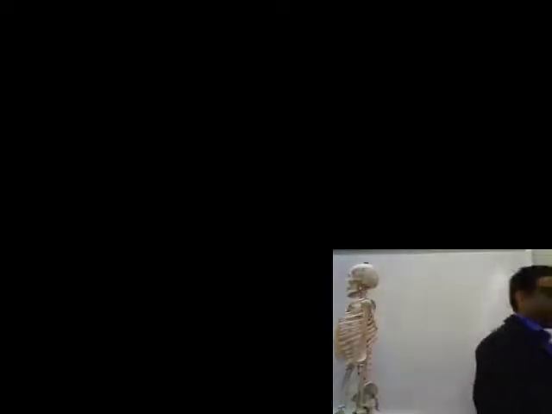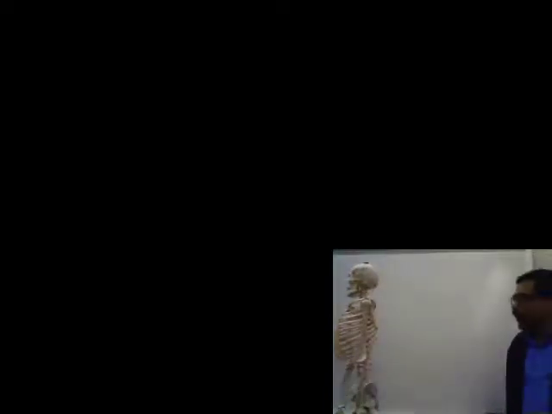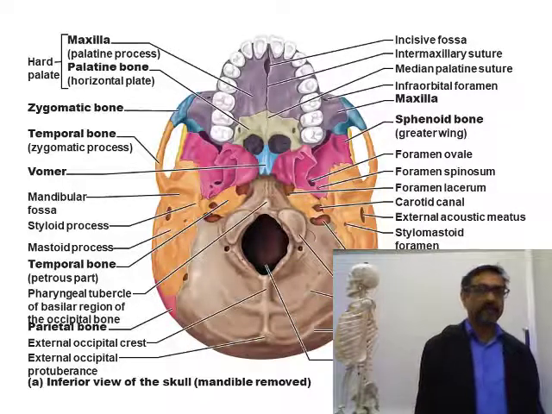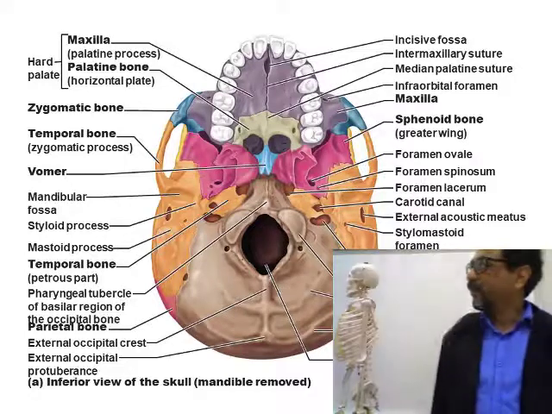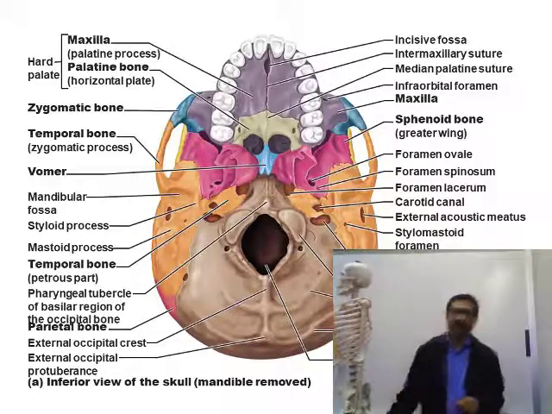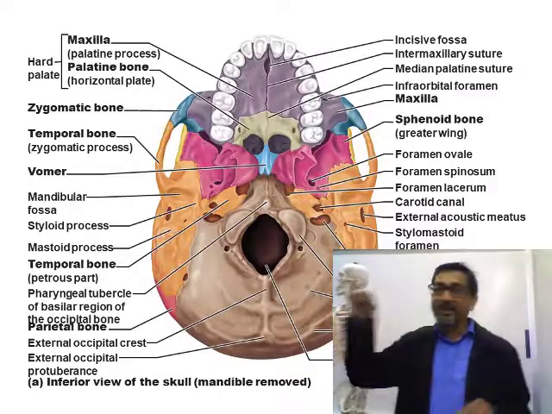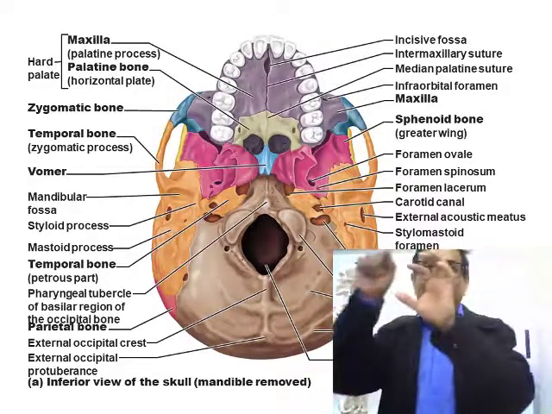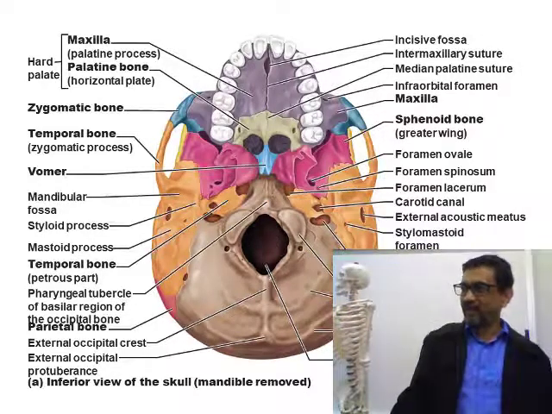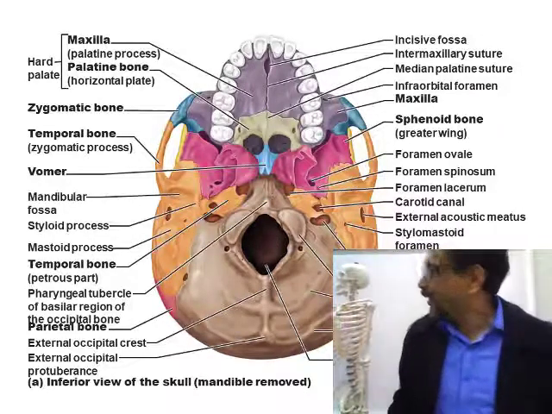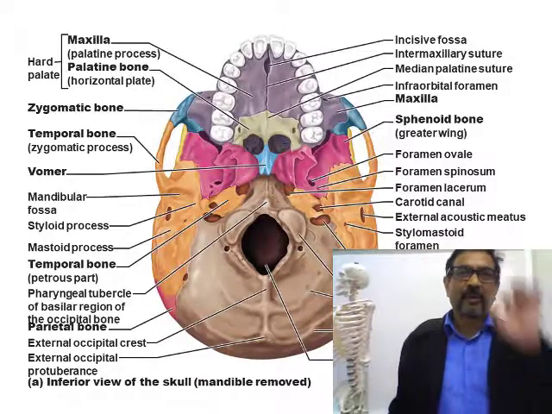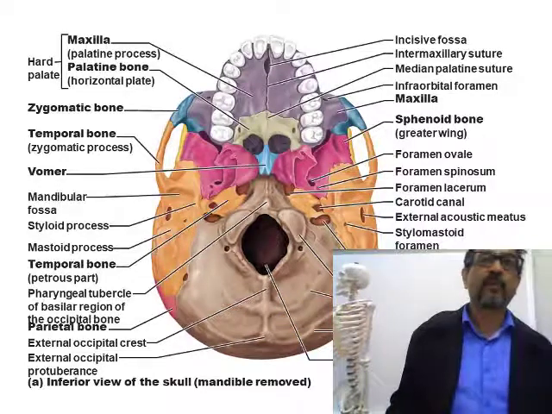This is the bottom of the skull, the inferior view of the skull. Now you see one thing is remarkable here. What is that? There are many holes or openings in the floor of the skull. Why are there many openings or foramen there?